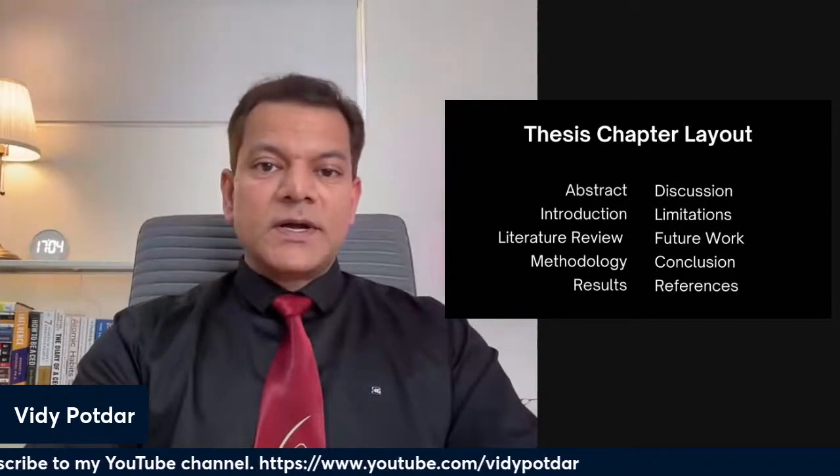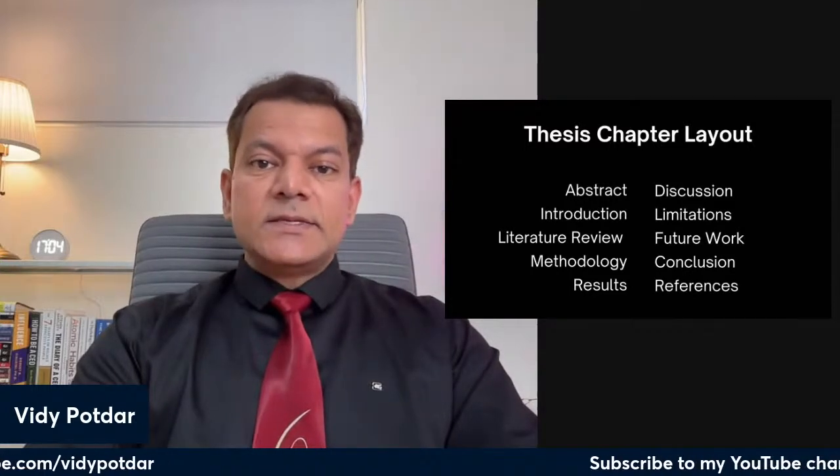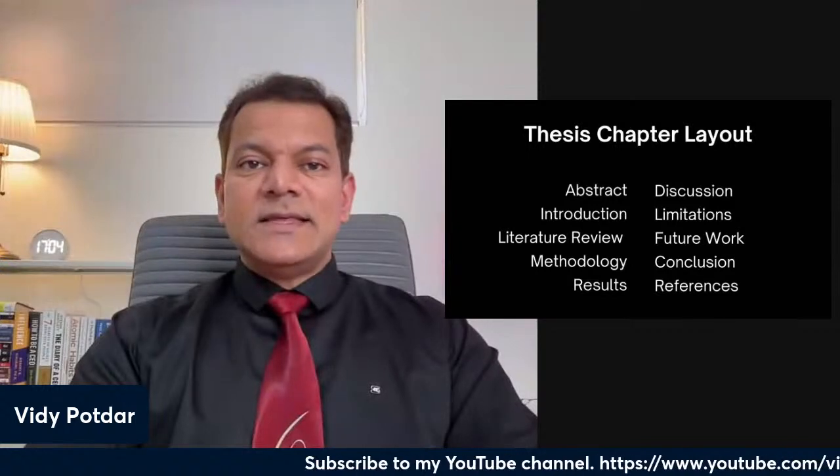You will have a chapter on introduction, literature review, which is then followed by methodology, then results. Then we go on to a chapter on discussion, limitations, future work, conclusion, and finally references. Plus, sometimes you also have an appendix. So that is pretty much the layout that any thesis should have.